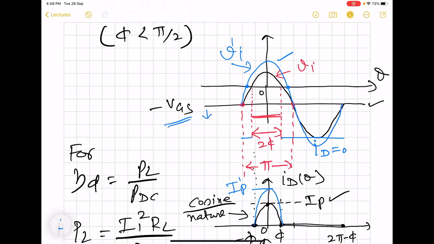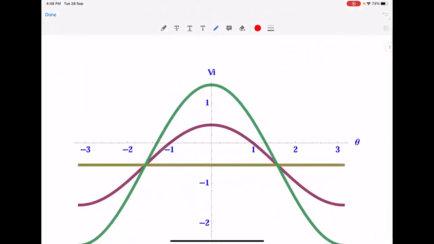So we can see it more clearly here. So for example, I have here plotted the two cosine functions. So here we have a cosine of say amplitude equal to 1, and here I have another cosine of amplitude equal to 2. So I increase the amplitude of the input from 1 volts, for example, 1 unit to 2 unit. And this is my VGS for the first case. This is the case 1.